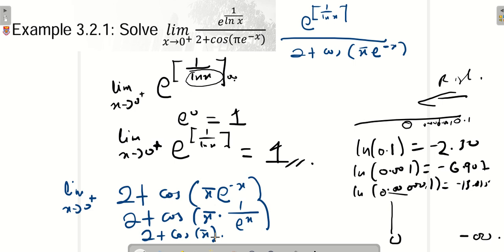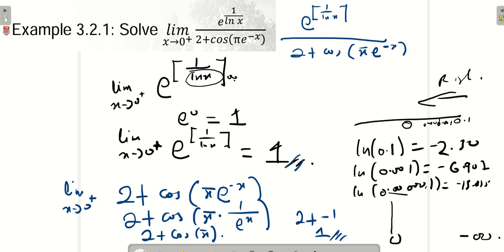Cos pi. Then what is cos pi? Cos pi means cos 180. Cos 180 is negative 1. So I'll get 2 plus negative 1. Then 2 plus negative 1 is positive 1. So the whole denominator will give me positive 1.